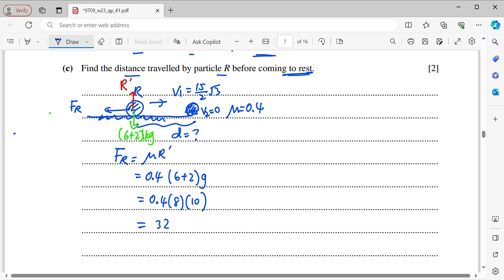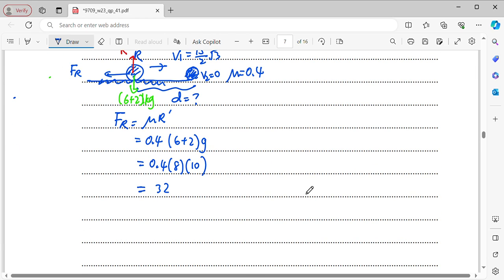So now, to get the distance, I need to find my A. So I will just write F equals MA. From here, FR is 32. The M now is 8, times A. Therefore, my A is minus 4.